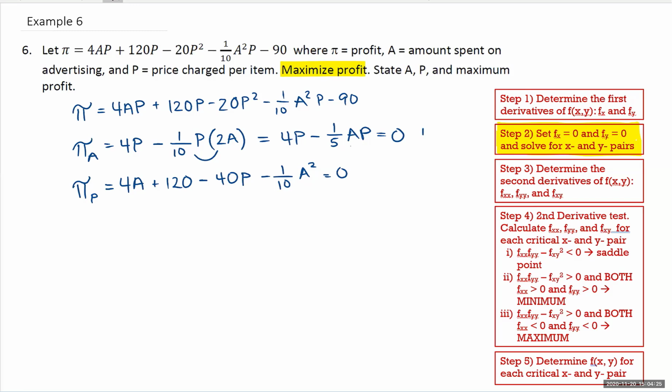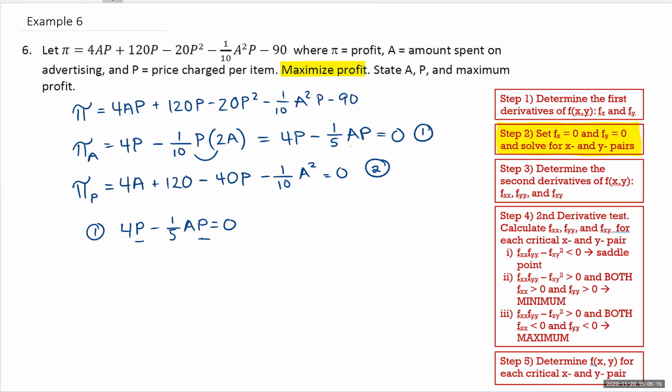Let's label this equation 1 and this equation 2. So let's start with equation 1. 4P minus 1/5 AP is equal to 0. Do we see a common factor here? We see the common factor of P here, don't we?